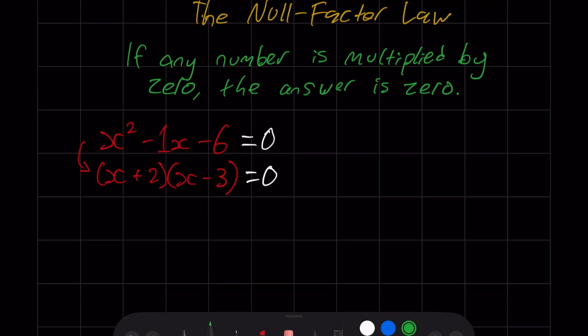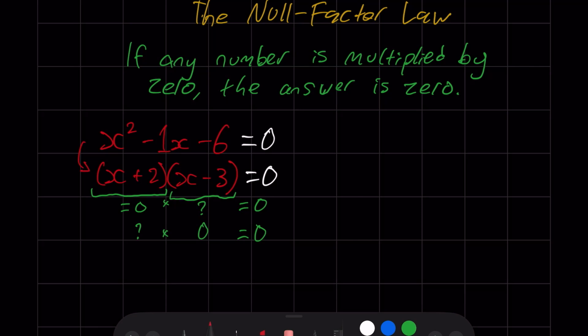So if we take one of these brackets and make that equal to 0, that is multiplying with this bracket, and whatever that bracket is, 0 times that bracket equals 0. And we can do it the other way around. If this bracket is an unknown and we multiply it by this bracket, which is 0, that also equals 0.